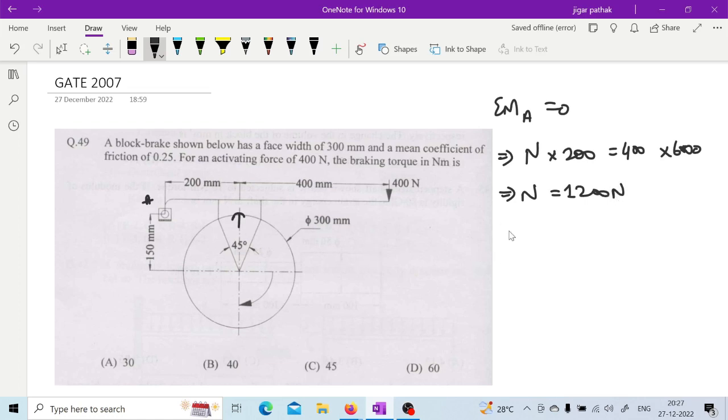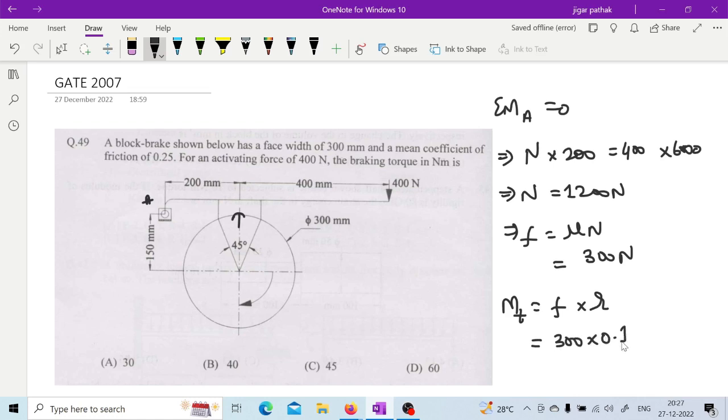Once you have this, the frictional force is mu into N. So mu is 0.25 into 1200, which is 300 Newton. Then the braking torque will be the frictional force into radius. Radius is given as 150 mm. So 300 into 0.15 will give you 45 Newton meter. Is it correct?